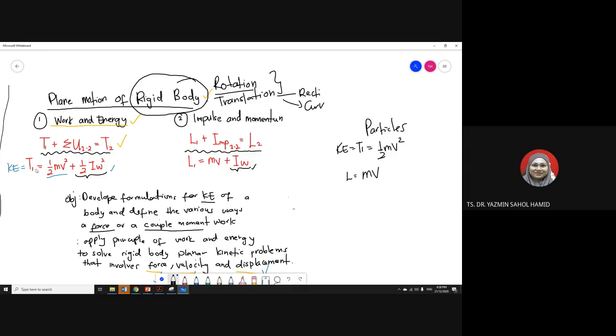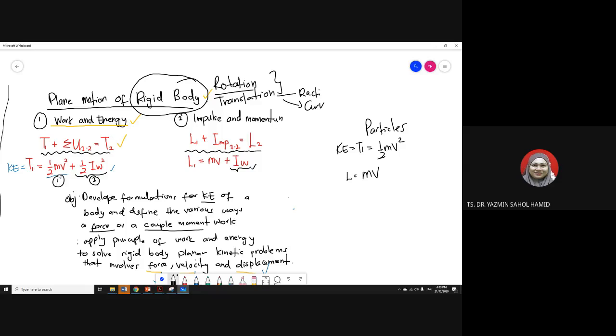Now, it depends on the question. Sometimes in the question you need to consider both 1 over 2 mv squared and 1 over 2 I omega squared. Or in some questions you only consider 1 over 2 mv squared, but not 1 over 2 I omega squared. In other questions you don't consider 1 over 2 mv squared, you only consider 1 over 2 I omega squared. So you have to read the question carefully.